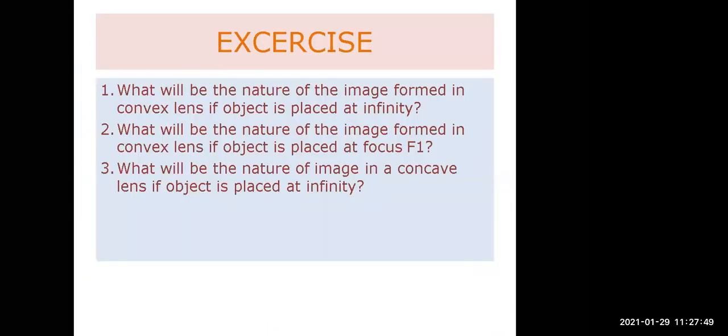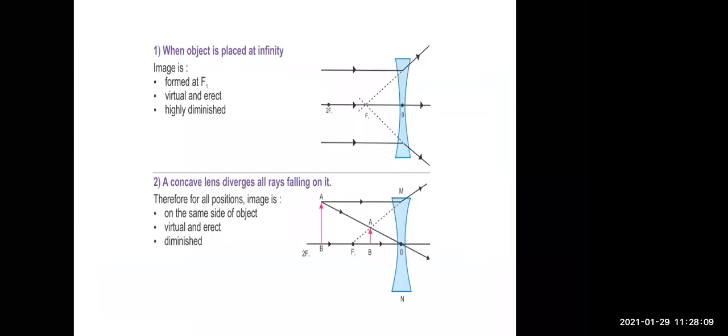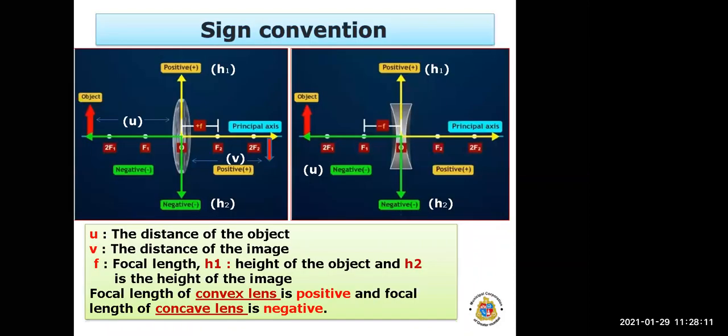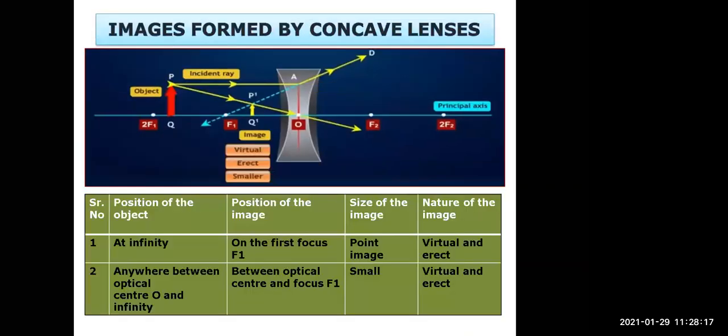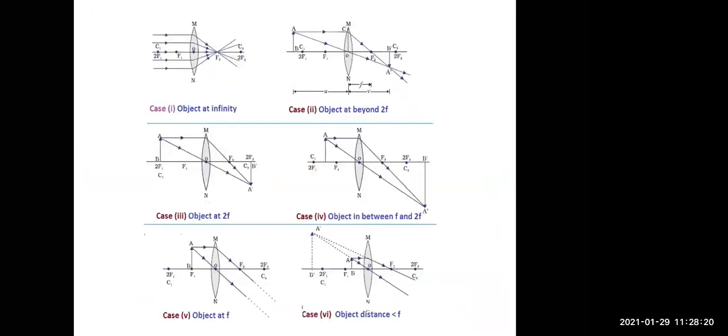Next one: what will be the nature of the image formed in a convex lens if the object is placed at focus f1? Can anyone answer? Here also it is asked, whenever the object is placed at focus f1, what will we get?